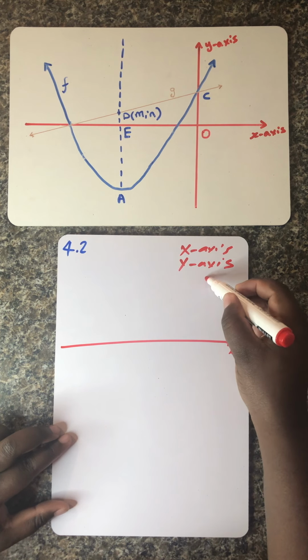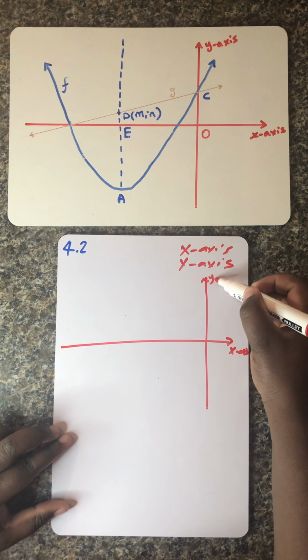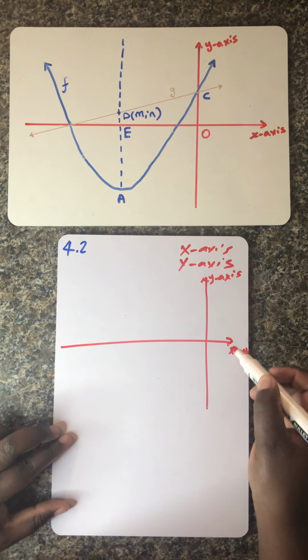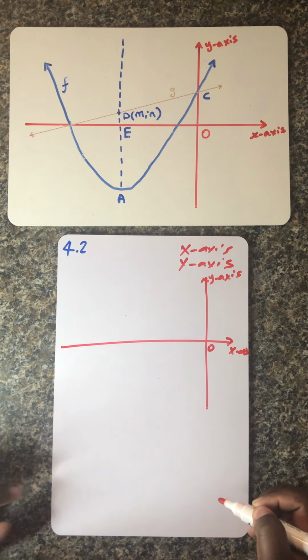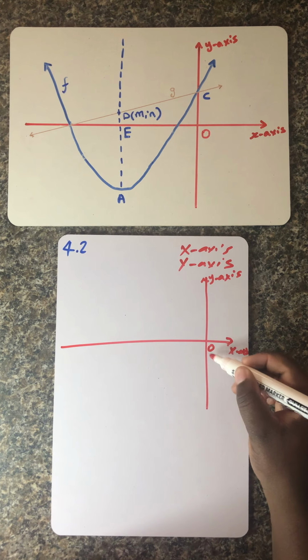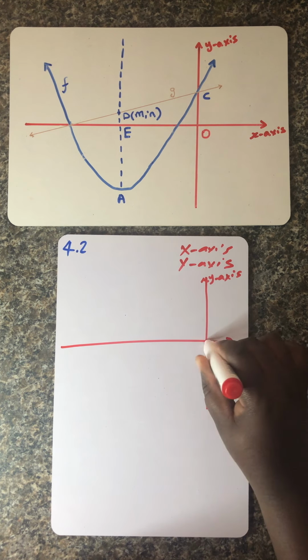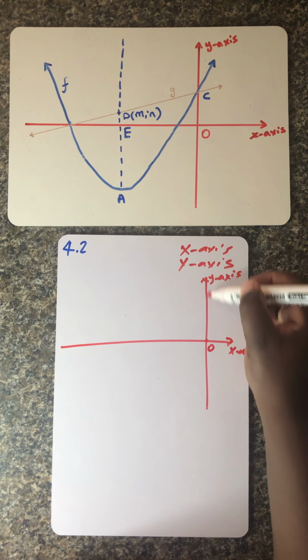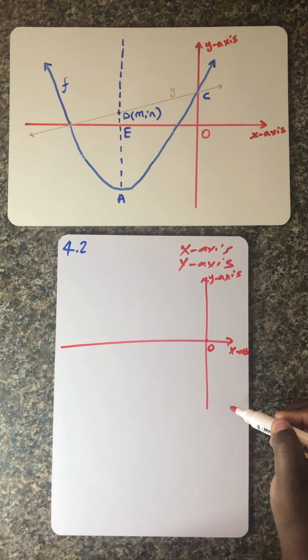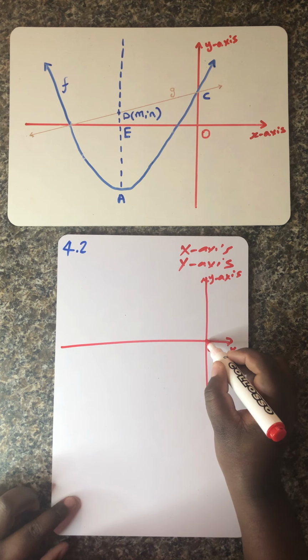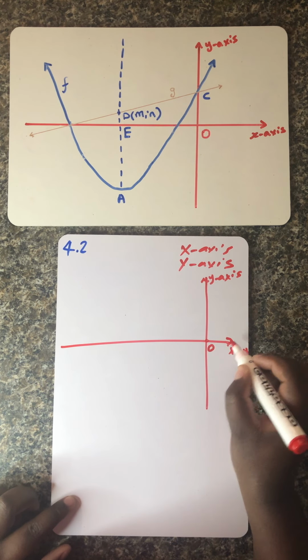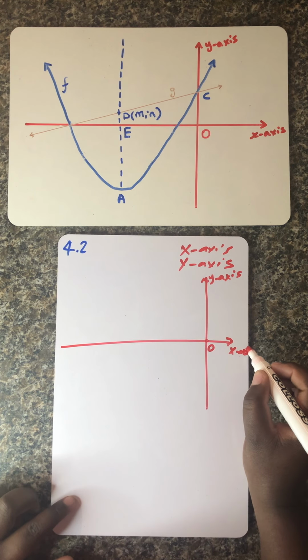So that means you'll have your x-axis and your y-axis. Obviously, this is where you're going to have the origin. That origin, or O, refers to the point which is the intersection of the y-axis and the x-axis. The reason for you to notice that O, the origin, is because from that point going to the right is the positive side of the x-axis.